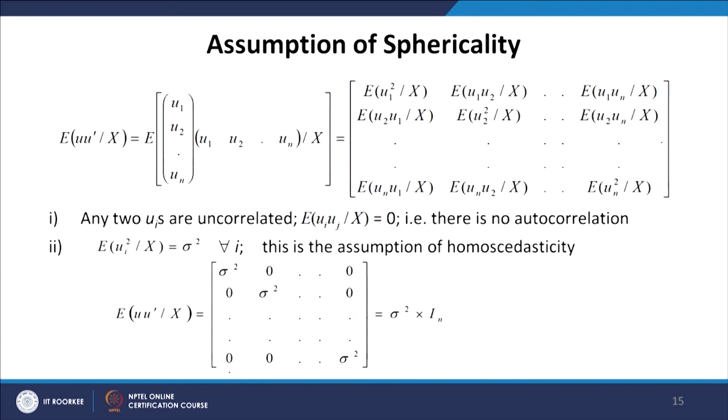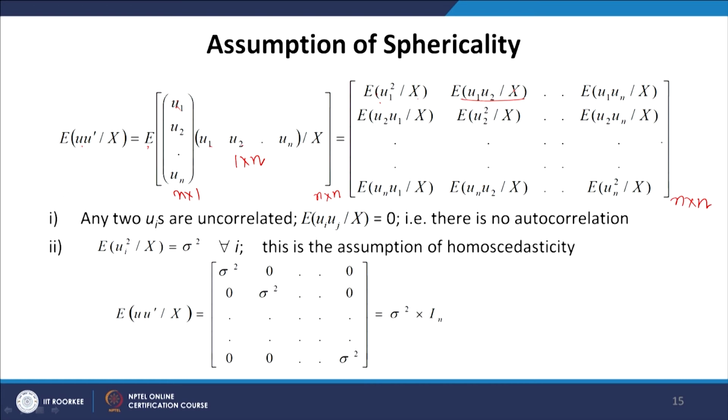So, the assumption of sphericality, if expanded: first of all I have u prime. You know that u is an n by 1 matrix, u prime will be a 1 by n matrix. So, u u prime conditional upon x is an n by n matrix. First I expand them, then I multiply, and the expected operator is brought inside. So, we have expected value of u1 square given x, then expected value of u1 u2 given x, and so on.